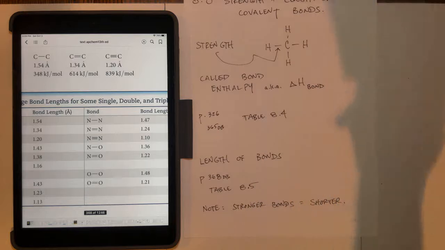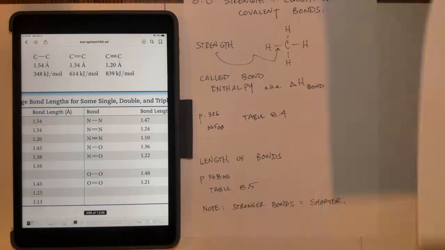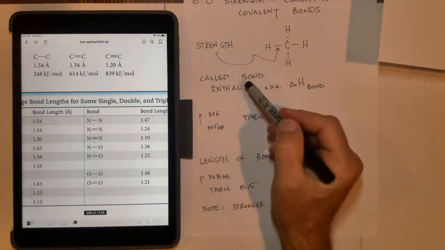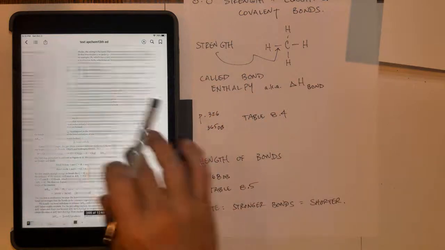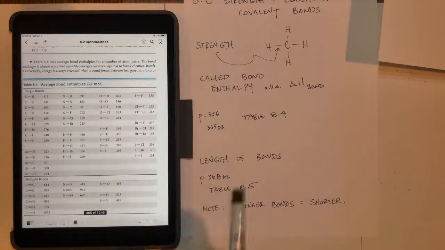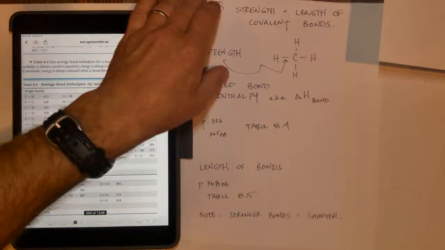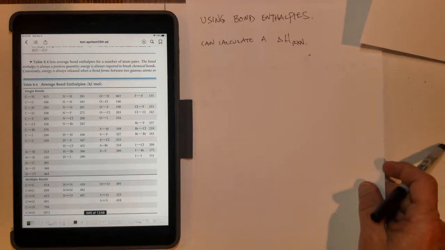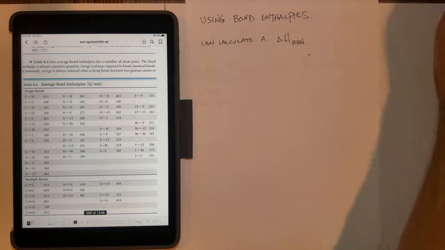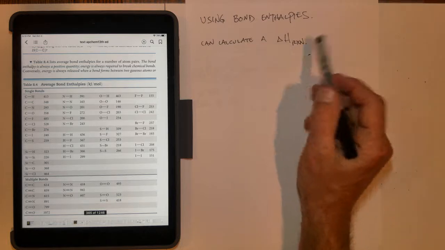So what can we do with these? Well, using these bond enthalpies, we can calculate an approximation of an enthalpy of reaction. I'm going to move this paper right here, and I'm going to put this using bond enthalpies page up with one example problem, and we can use them to calculate the enthalpy of a reaction.